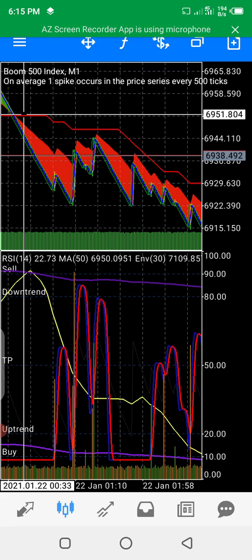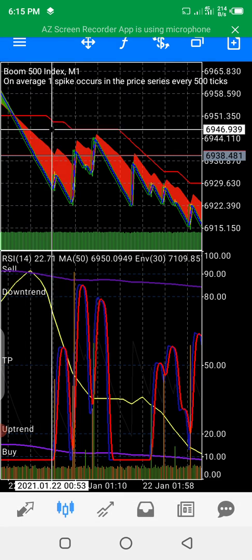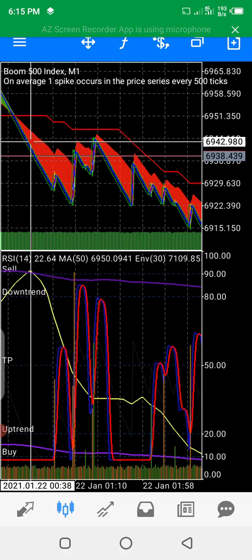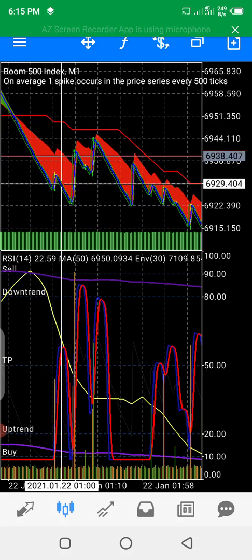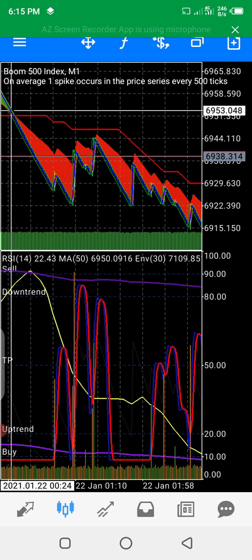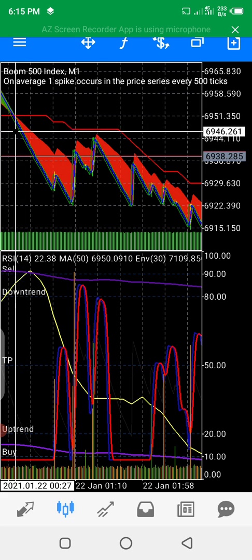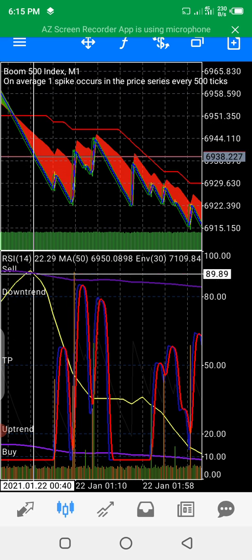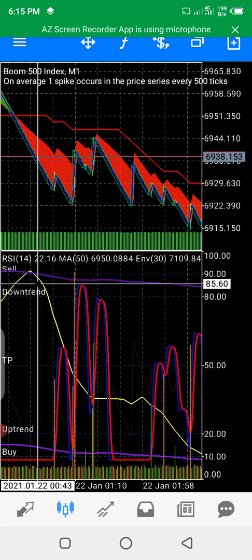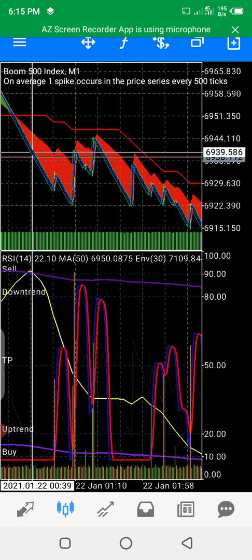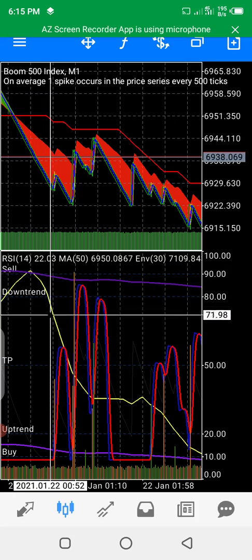Then on the Ichimoku, remember I said it has two colors, the red color and the green color. So when the yellow line on the indicator window touched the envelope and is coming down, and on the Ichimoku the color is red, just know that we're in a downtrend.